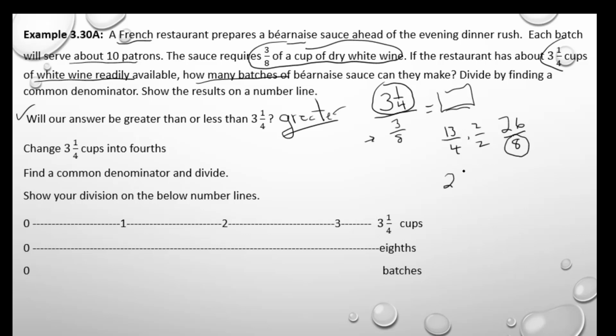So I get 26/8 divided by 3/8. The eighths cancel. And I get 26 divided by 3, which is 8 2/3 batches.